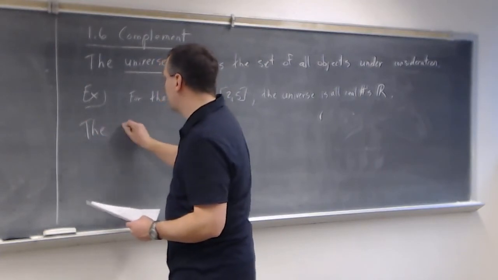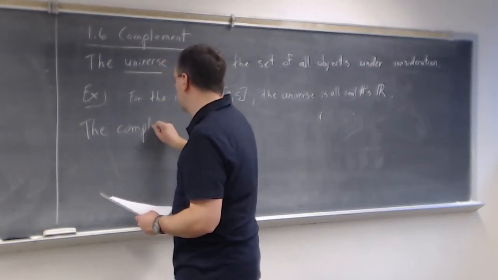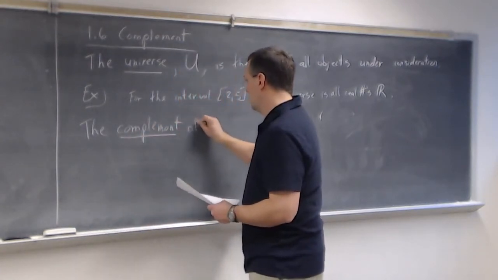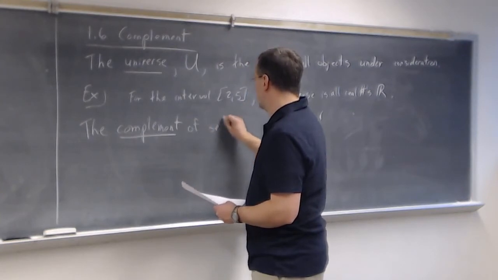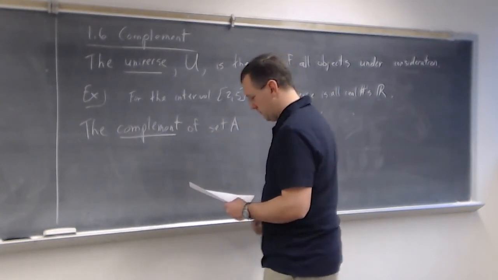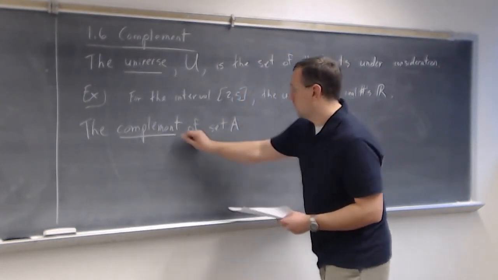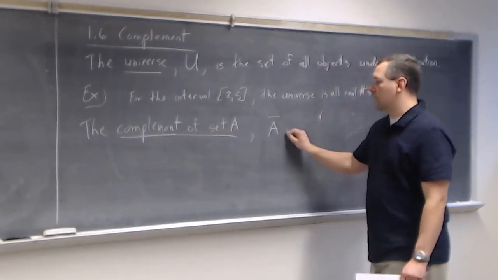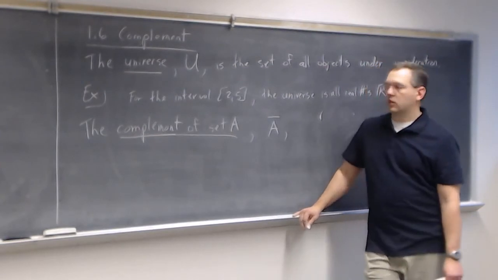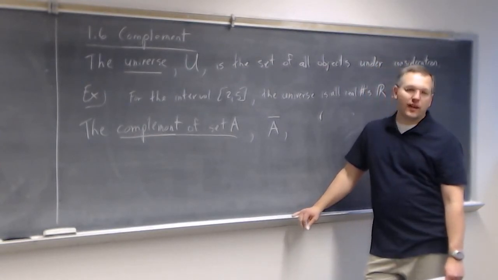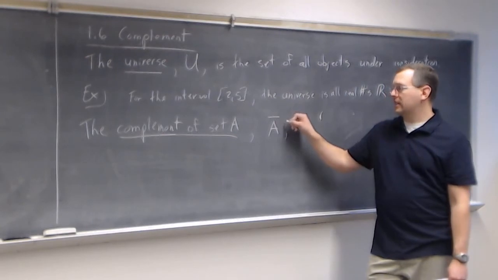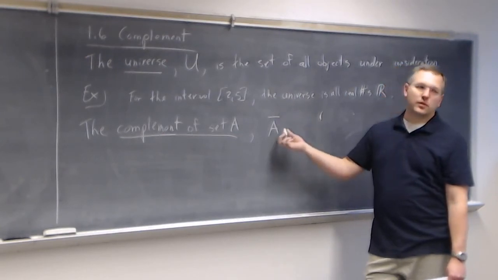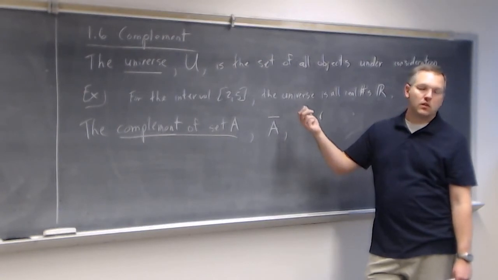All right. So now we can find the complement of set A. And here's the notation. It's an A with a bar on top. You can call it the complement of A. Some books will put a C as an exponent for complement, but this is pretty standard.